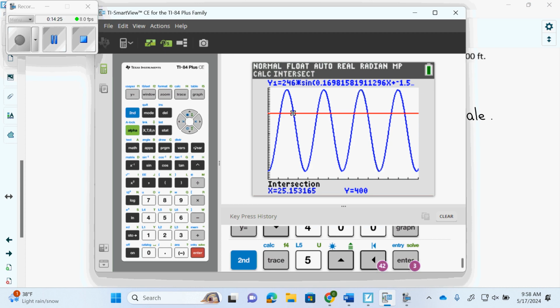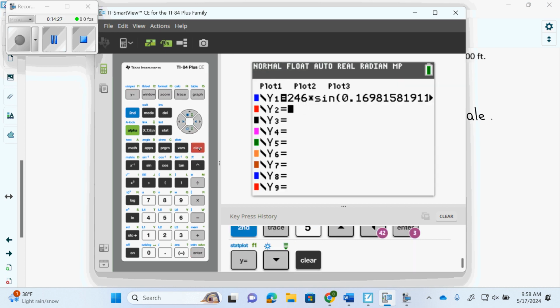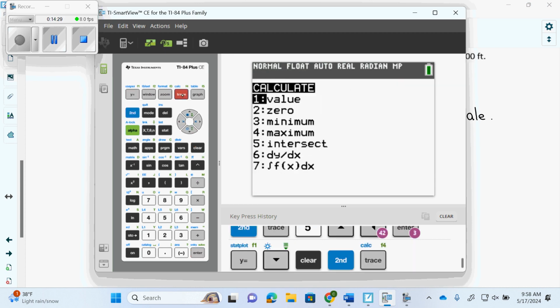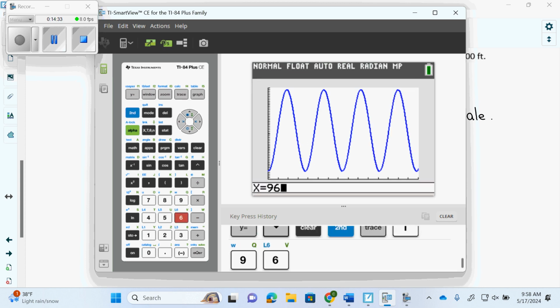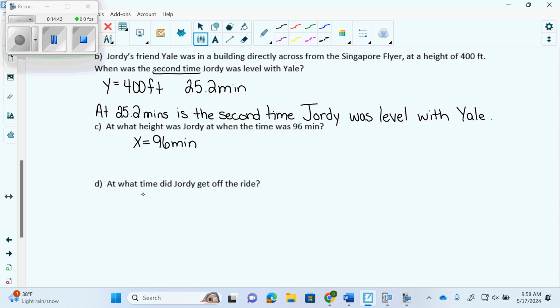So I'm going to clear out my Y2. I'm going to go second trace value, and then 96. Round to the nearest tenth again, 498.8. 498.8 what? Feet.